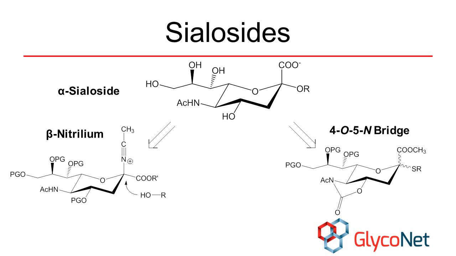A second strategy is to bridge O4 and N5 using a cyclic protecting group. The origin of this effect is unclear, but it has been successfully applied to a wide range of sialylations. Although significant advances have been made in the chemical synthesis of sialosides, very powerful chemoenzymatic approaches have been developed and are in many cases superior.